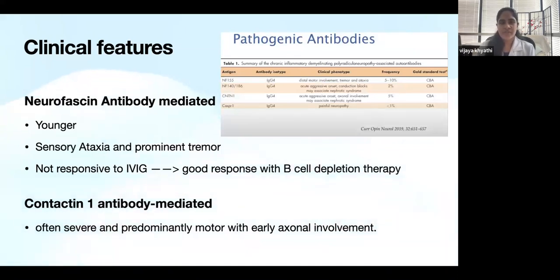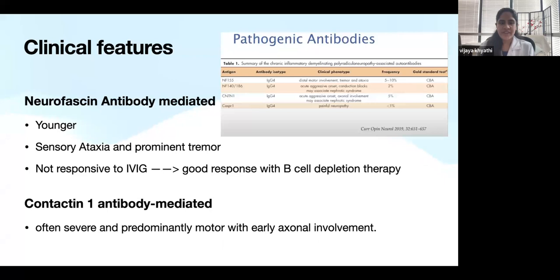Neurofascin antibody-mediated variant is mostly seen in younger patients, where sensory ataxia and tremors are more commonly presented. This type is not responsive to IVIG and is responsive to B-cell depletion therapy like rituximab.